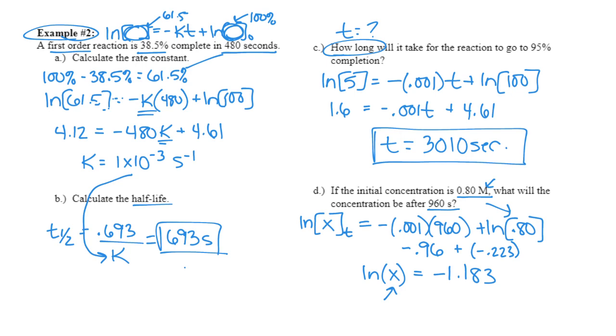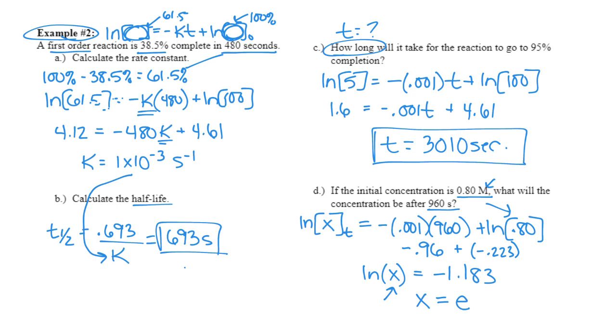So if you have done this in your math class, some of you have, some of you haven't, wherever your natural log button is on your calculator, right above that as a second function is the inverse of your natural log. So if I want to go ahead and solve for x, I'm going to find that button as my second function. E is the value that is the inverse of the natural log.